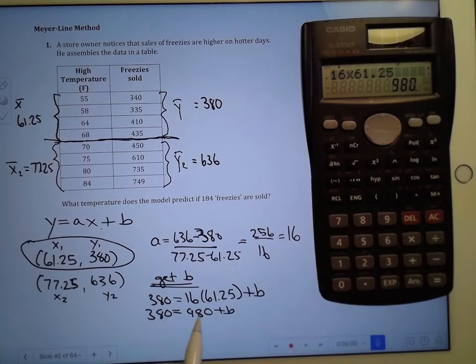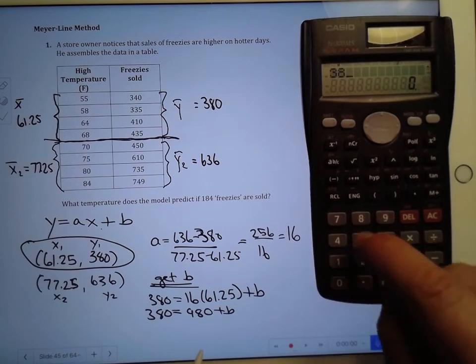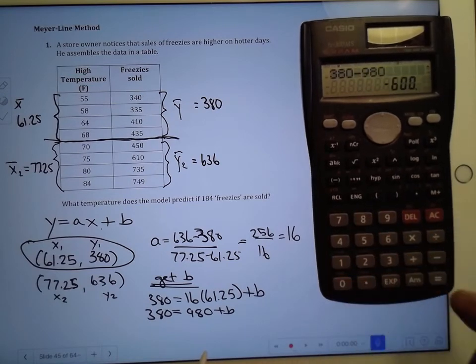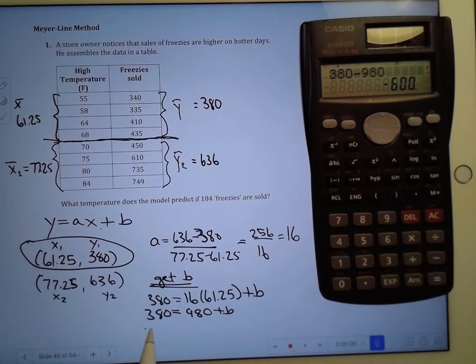And subtract the 980 from both sides. So I get 380 minus 980. That gives me negative 600 is my B.